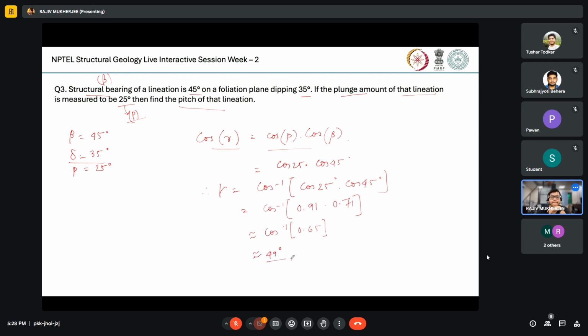Okay. So this is the pitch of the lineation on the foliation plane. Okay, so this was the third problem using the third formula.